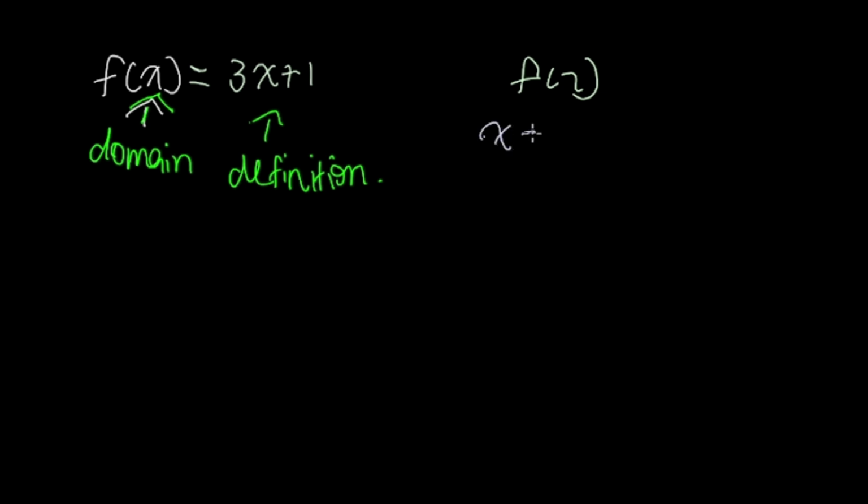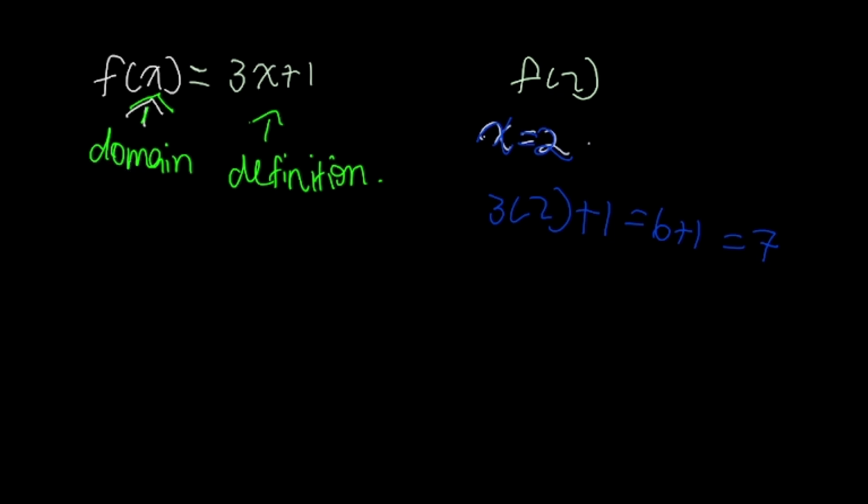So x is equivalent to 2, and so we plug in 2 to this expression. 3 times 2 plus 1 is equivalent to 6 plus 1, and so is equivalent to 7. That's how you go about it.